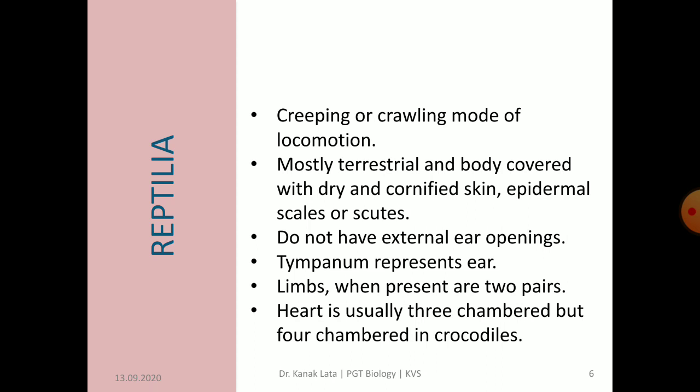The body is covered with dry and cornified skin, epidermal scales or scutes. They do not have external ear openings, but a tympanum is present that performs the function of the ear. There are two pairs of pentadactyl limbs, each with 5 digits bearing horny claws.